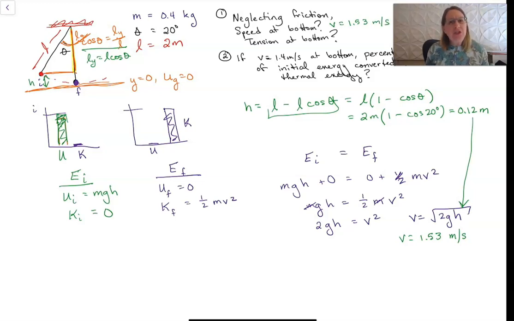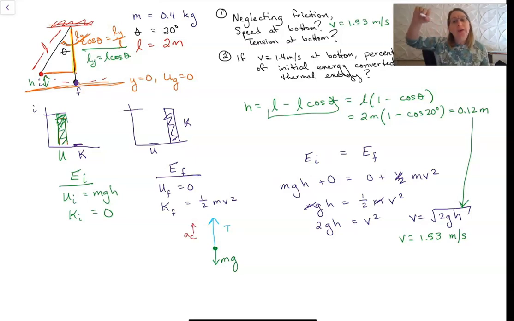To find the tension, I can find the tension at any point once I know the speed. If we look at this bob at the bottom, I've got an mg that's down, I have tension that's straight up, but that tension has to be bigger because, remember, there is acceleration towards the center.